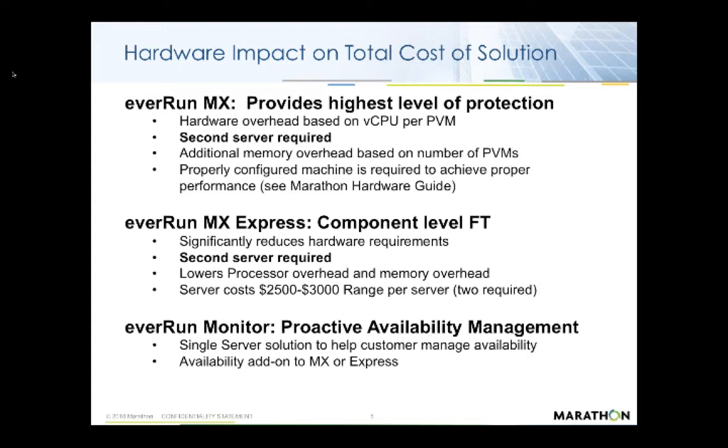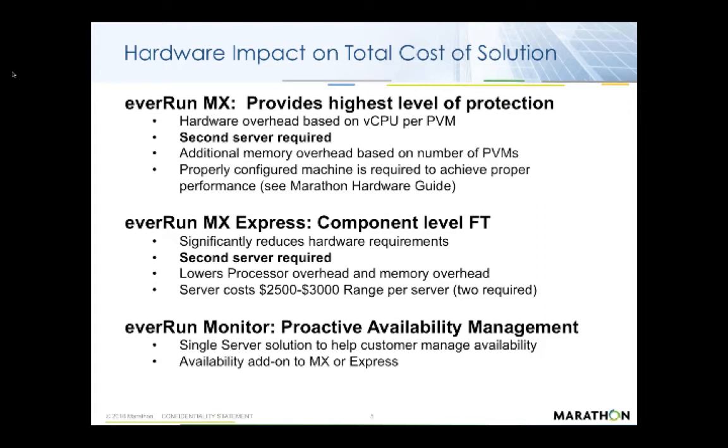Now, for the Everrun MX Express configurations, we start talking about component level FT and some of the risk that's introduced there. We've got significantly reduced hardware requirements, and this is again outlined in the Marathon hardware guide. If a customer has a budget limit that will not allow them to purchase the servers required to do full system FT, we have a solution that's going to offer them a level of redundancy.